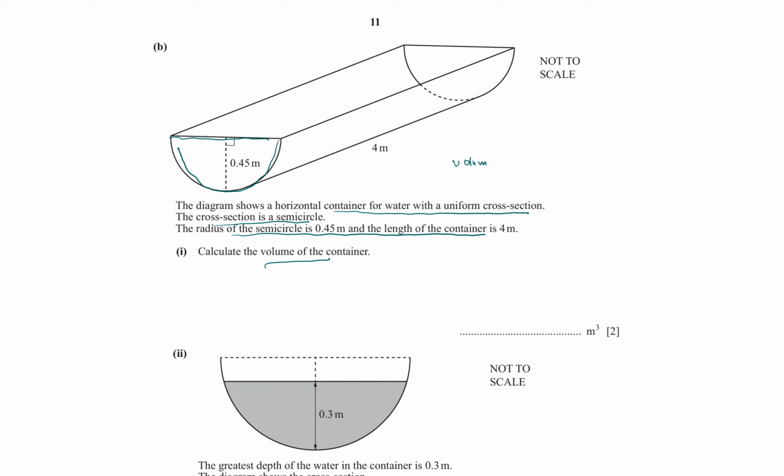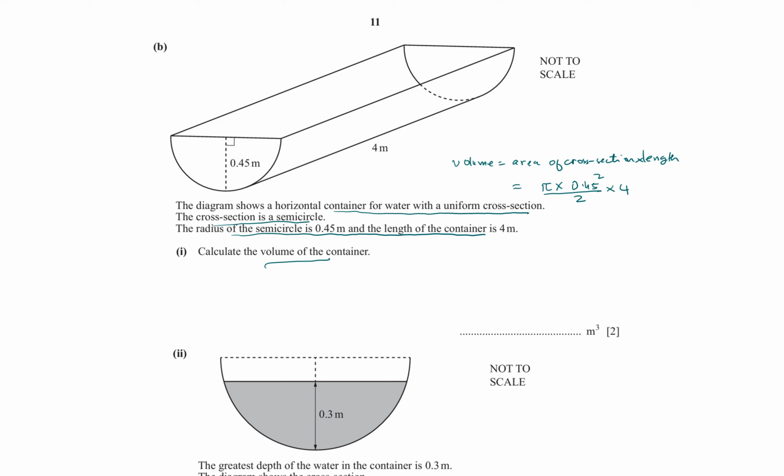So if I say volume equals area of cross section times length, then the area of cross section, we've been given the radius 0.45, would be equal to pi times 0.45 square over 2, multiplied by the length, that is 4.